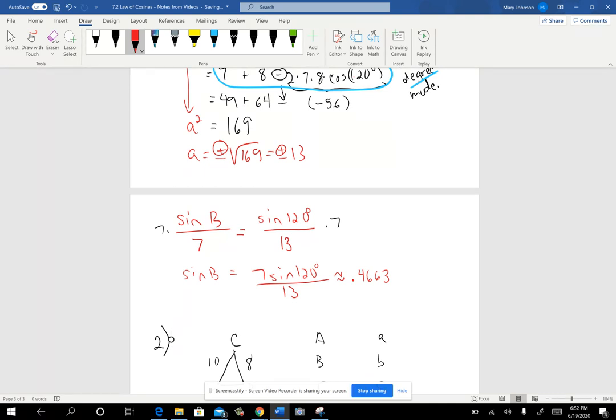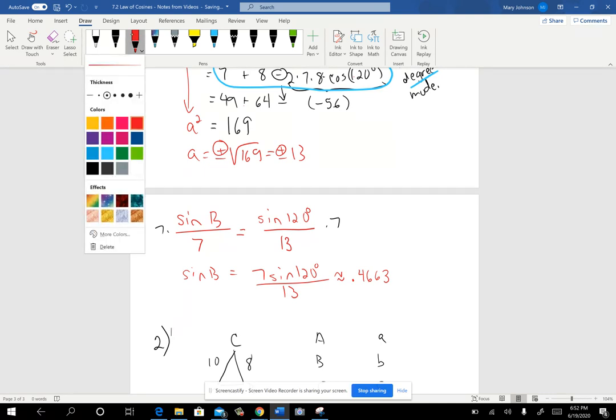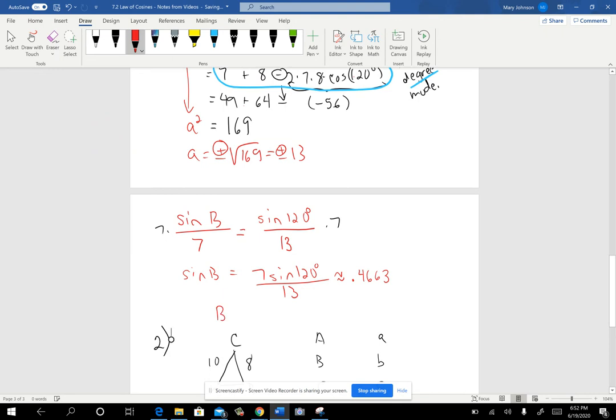So now to find B, I would have to do the inverse sine of that. I'm going to do sine inverse of that 0.4663. So let me do that. Inverse sine, so second function on the sine button. Put in the 0.4663. We're already in degree mode from before.